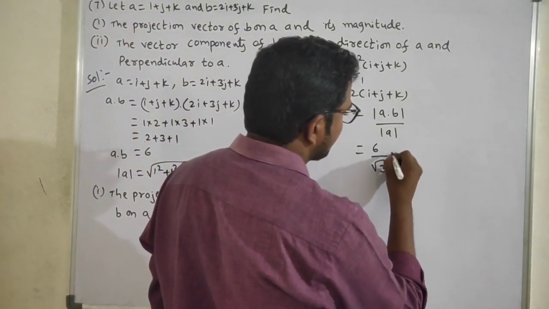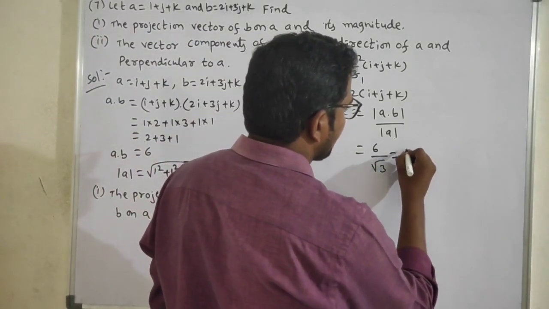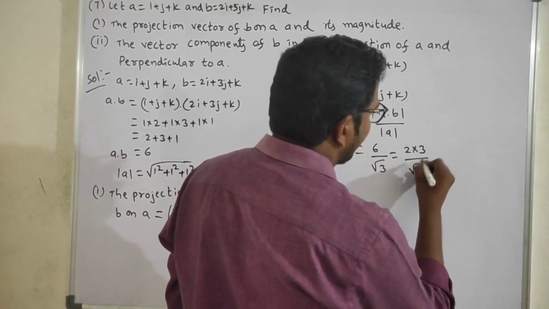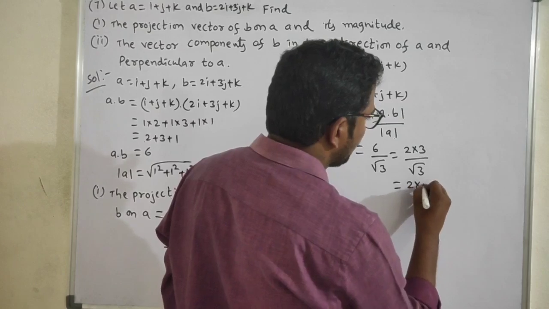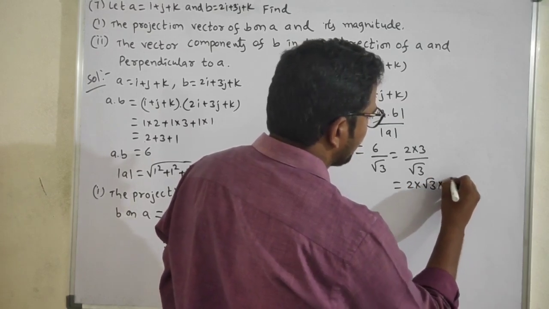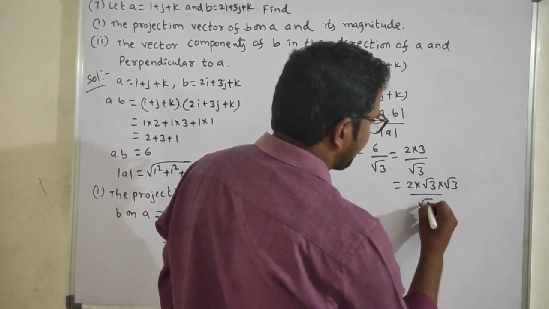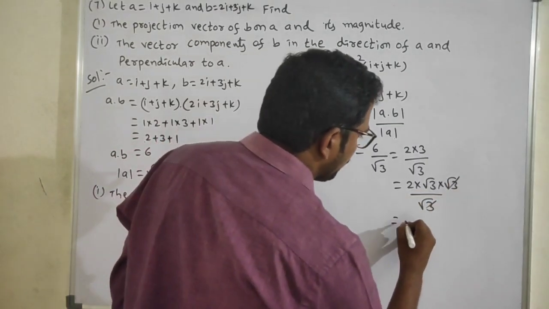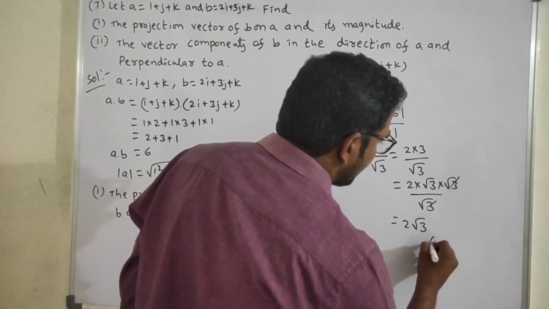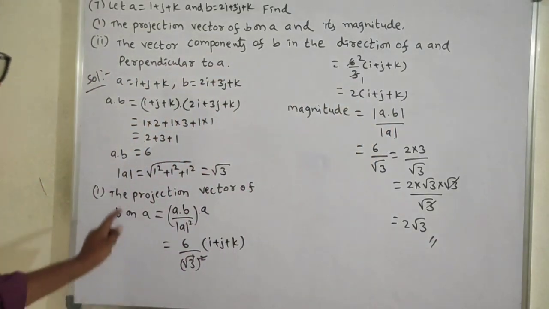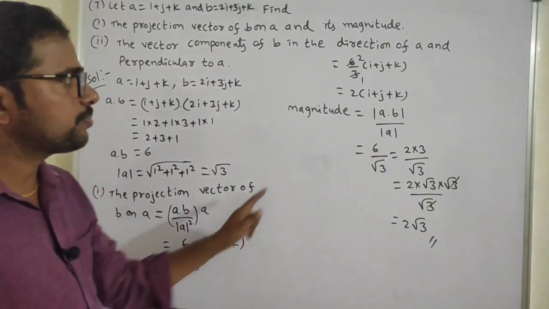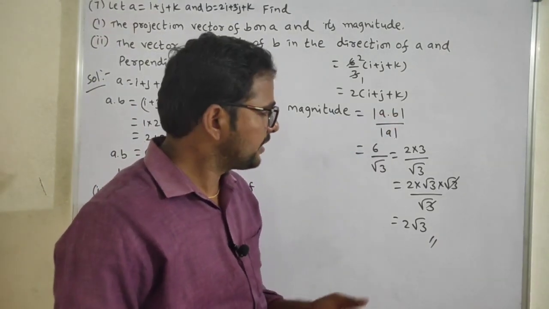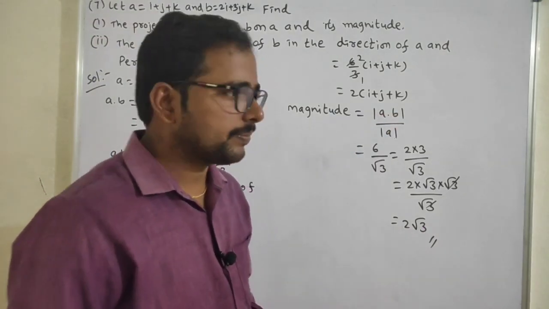We can write 6 as 2 3s are 6, and again we can write 3 as root 3 into root 3. So 2 into root 3 into root 3 by root 3. Root 3 will get cancelled. So what is the magnitude? 2 root 3. So this is the projection vector of B on A and its magnitude. Magnitude is equals to modulus A dot B by modulus A is equals to 2 root 3.